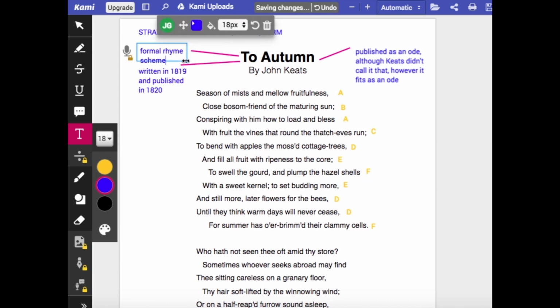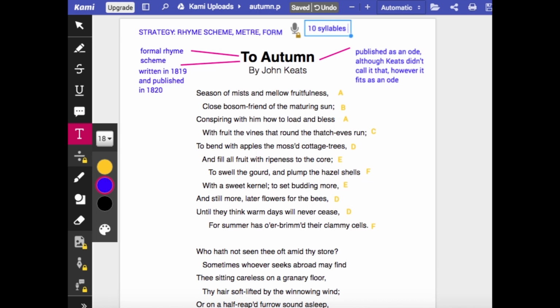So the next thing to look at then is metre, which basically means beat. How many syllables are there in a line? What beat does that make? And in this case there are 1, 2, 3, 4, 5, 6, 7, 8, 9, 10. So 10 beats per line, 10 syllables per line, which is 5 pairs of feet.